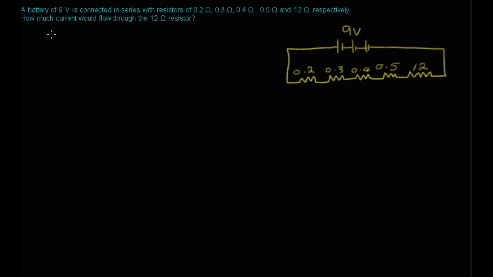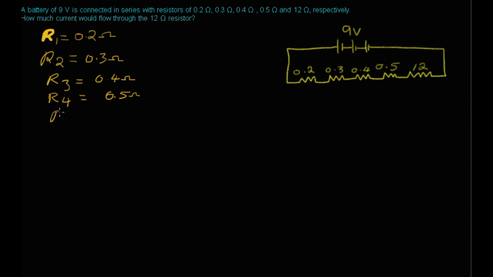So I am naming them: the first resistor R1 equals 0.2 ohm, R2 equals 0.3 ohm, R3 equals 0.4 ohm, R4 equals 0.5 ohm, and the last one, the fifth resistor, is equal to 12 ohm.